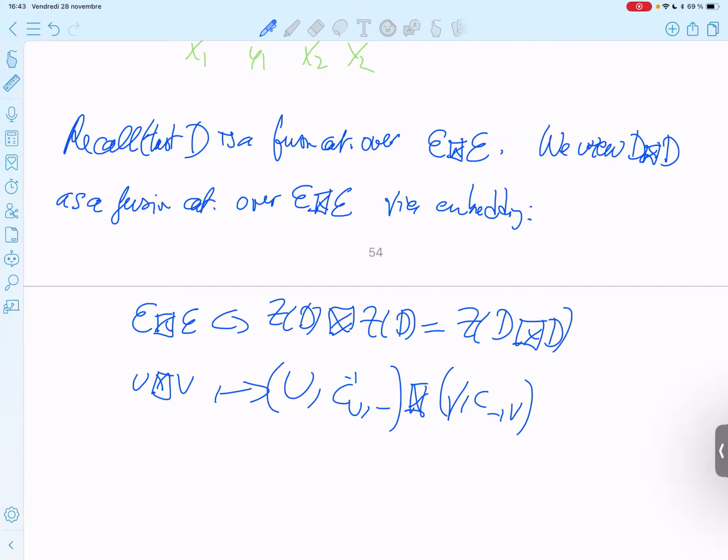Okay. So this is called 90. So using that, you have this central functor, making D Deligne tensor D also a fusion category over E tensor E.